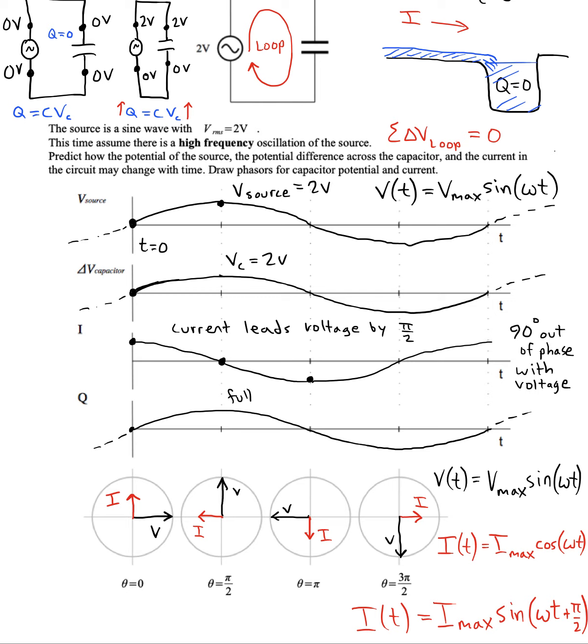That'll be another way to express the current function. But we want to make sure that our current is leading our voltage by 90 degrees whenever we have just a source and a capacitor in series. For our charge, the formula can be Q of t equals Q max sine of omega t.